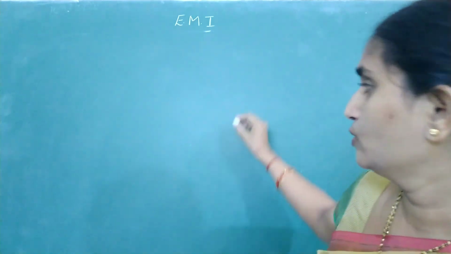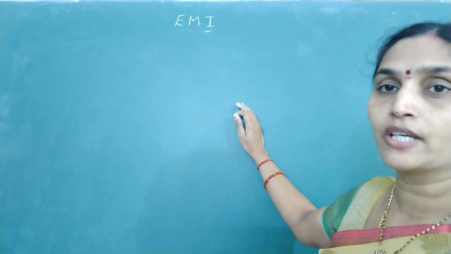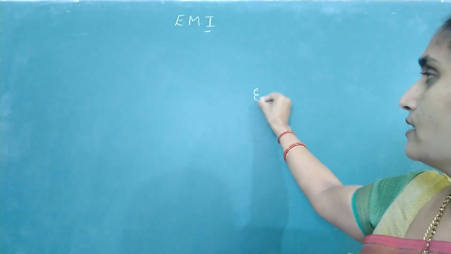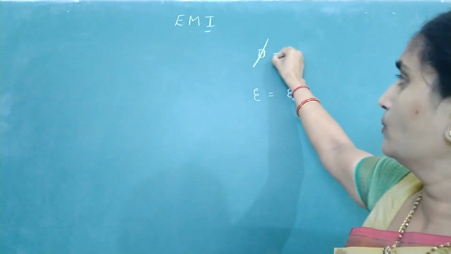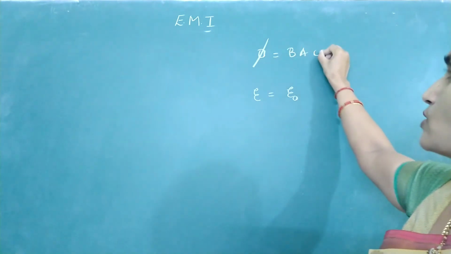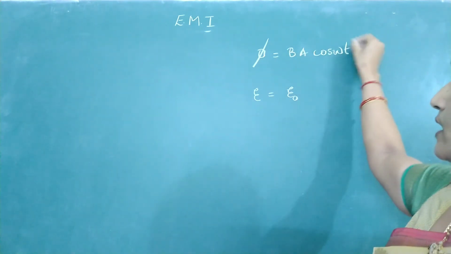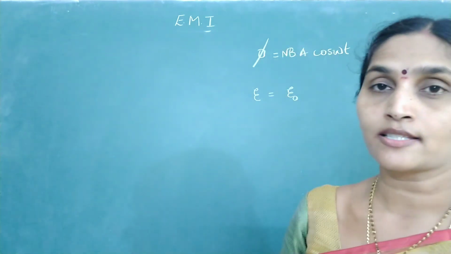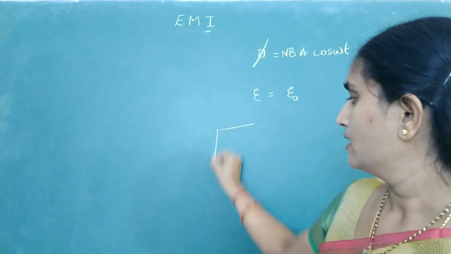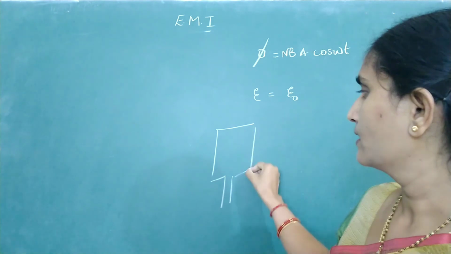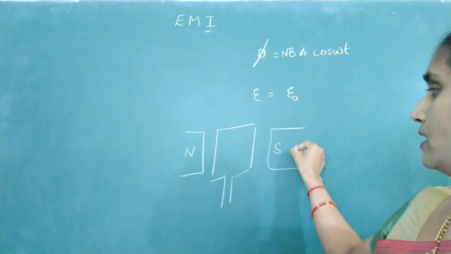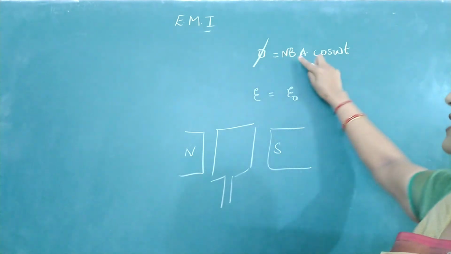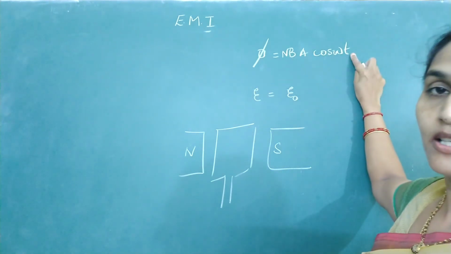Coming to an AC generator, we have seen that when a rectangular loop of wire is rotated in a perpendicular magnetic field, we get an induced EMF. What is the flux linked with the loop? B into A into cos omega t. If there are n turns, we write it as n. Remember, if a coil is placed between the poles of a magnet, the flux linked with the coil is BAN into cos theta.